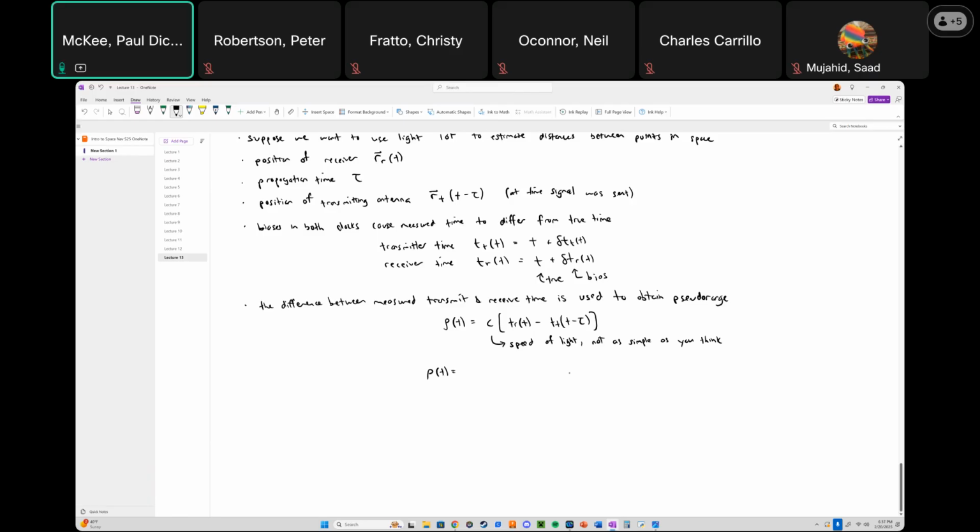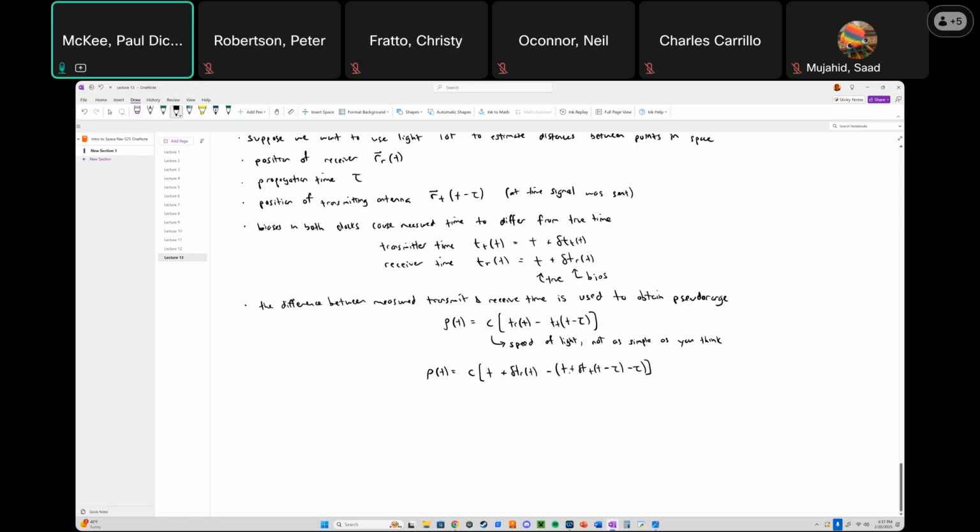Rho of t is equal to c times (t plus delta tR of t) minus (t plus delta tT of t minus tau), and then minus tau. All I'm doing is substituting in the transmitter time and the receiver time from above.